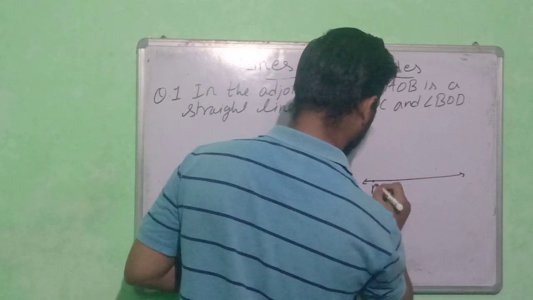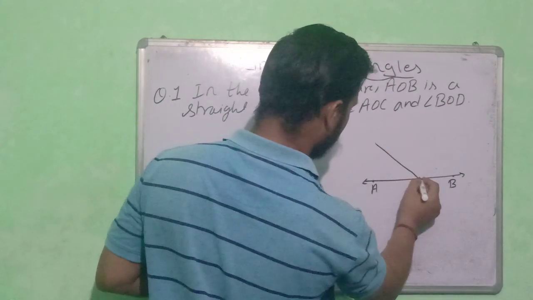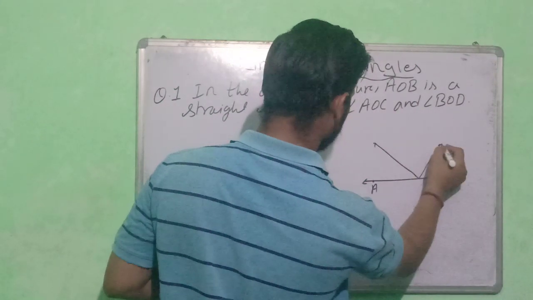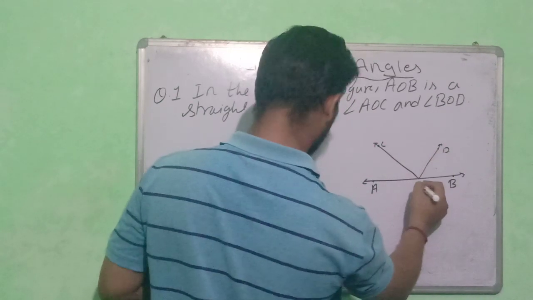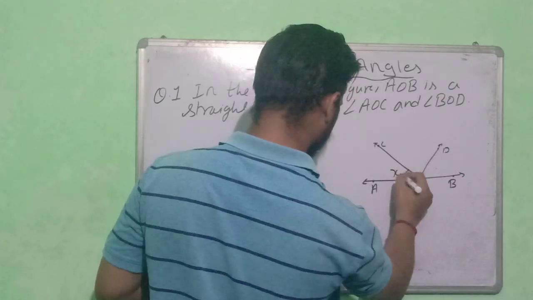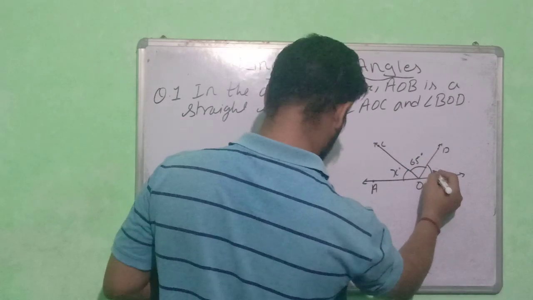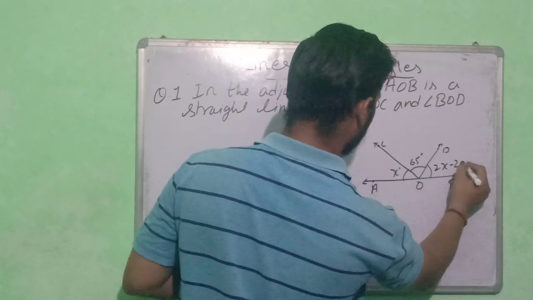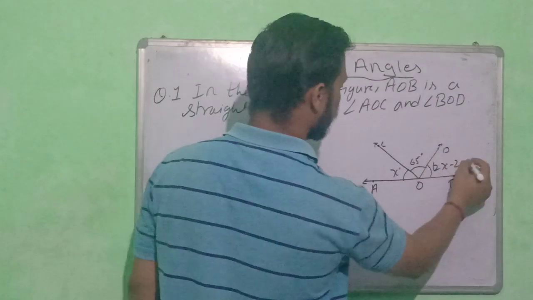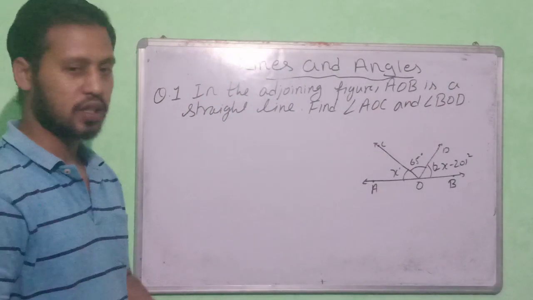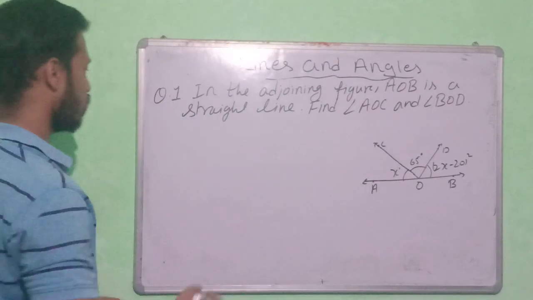This is a line A and B. These two rays, we name this C, this is D, and this is O. This is x, this is 65 degrees, and this is 2x minus 20. Now we have to find the angle AOC, this angle x, and this angle BOD, 2x minus 20.